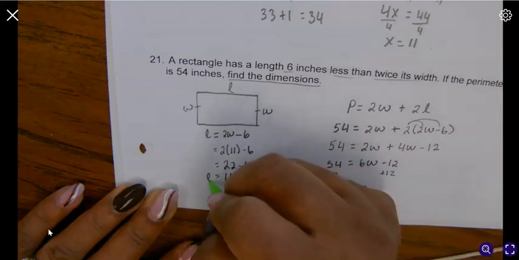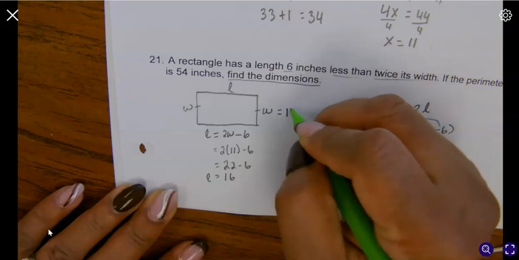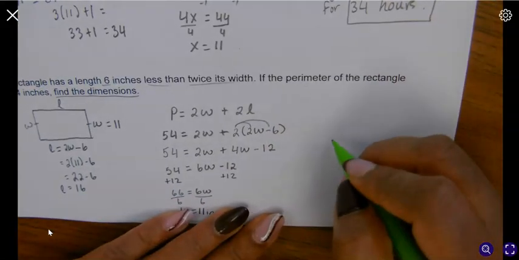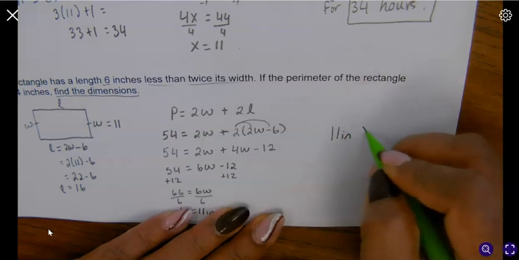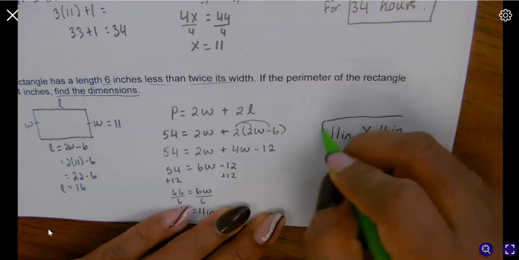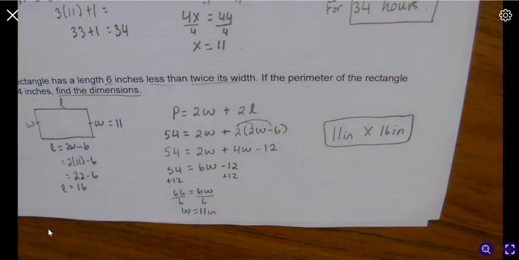So that's the length. So length is 16, where your width is 11. So sometimes we like to write the dimensions like this. This is an 11 inches by 16-inch rectangle. There you go. That's that, guys. Thank you.